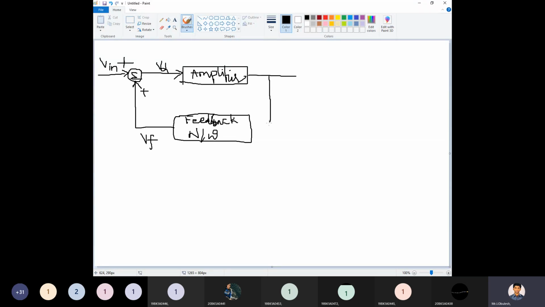From this you take out V naught. Here we will get the V naught value. This is the block diagram.